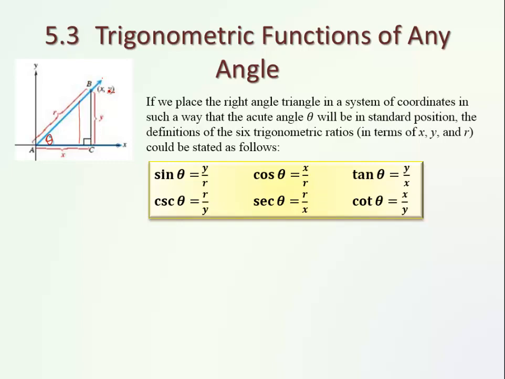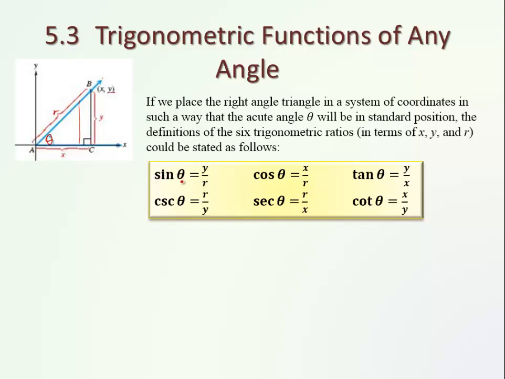So x and y really represent the length of these two sides of the triangle, and the hypotenuse, the third side, is actually the distance of the point B from the origin, so we can call it r, like a radius. So that's why the system is quite convenient to state definitions of trig functions, because the coordinates of the point that define this angle theta in standard position carry the information about the length of the sides of this right angle triangle.